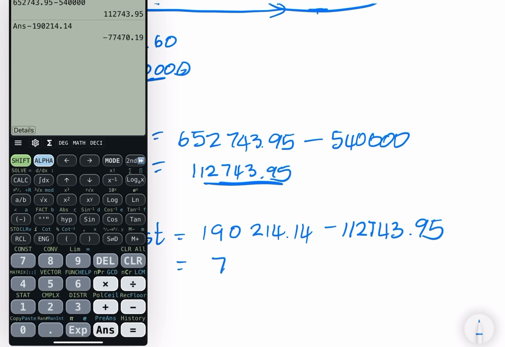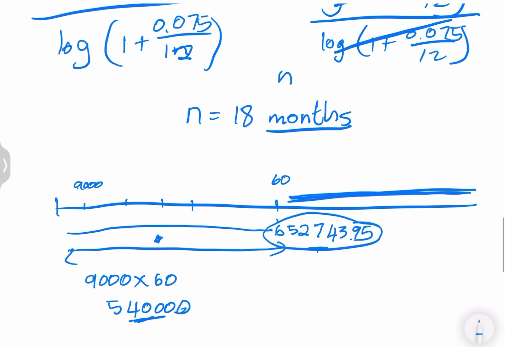I get an amount of 77,470 and 19 cents. Now, this is the interest over this period where we left this amount over those months.